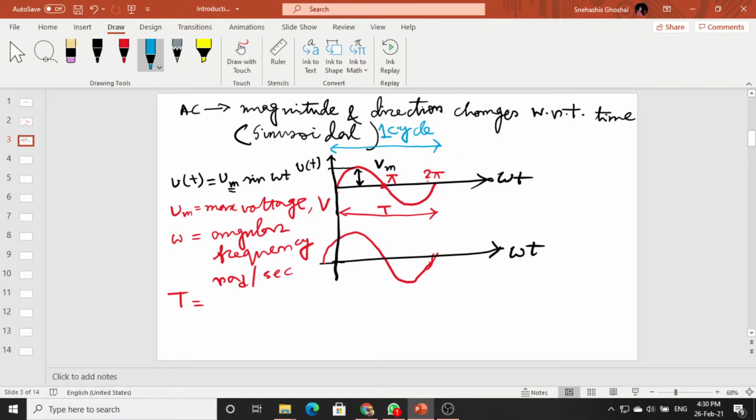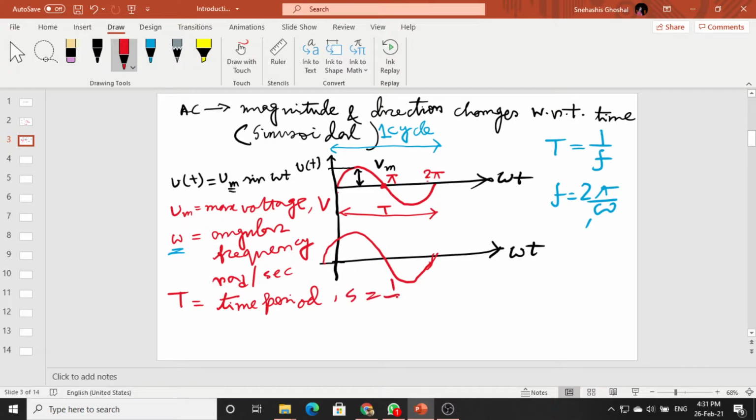That is T equal to 1 by f, and omega equal to 2 pi f, where omega is this angular frequency. T is the time period that we are talking about. Obviously, it is given in second, and it is 1 by f, 1 by frequency. f is frequency.